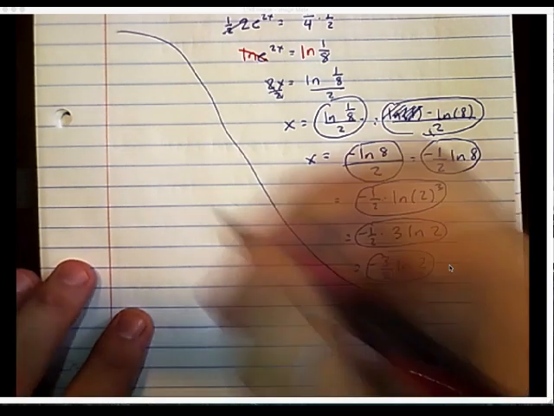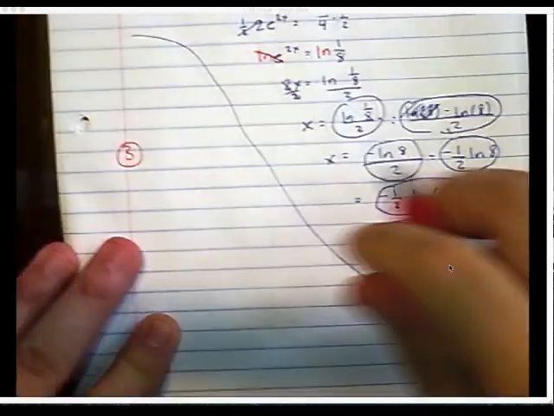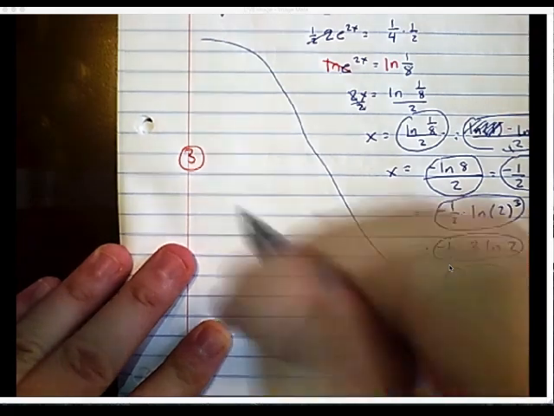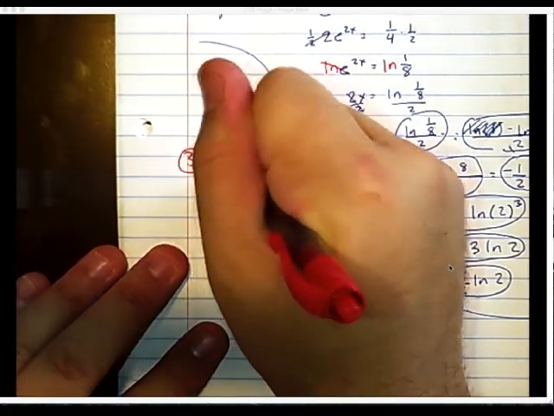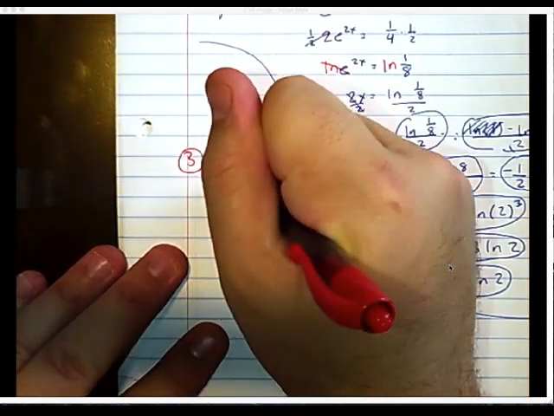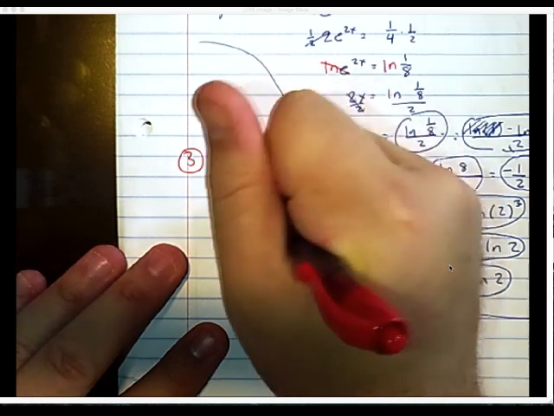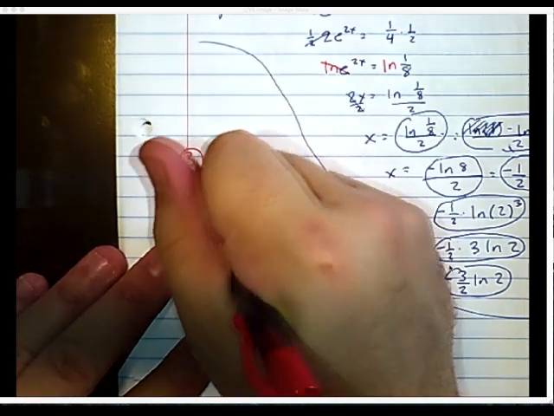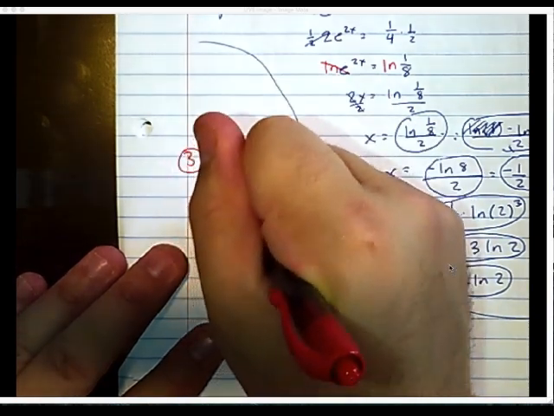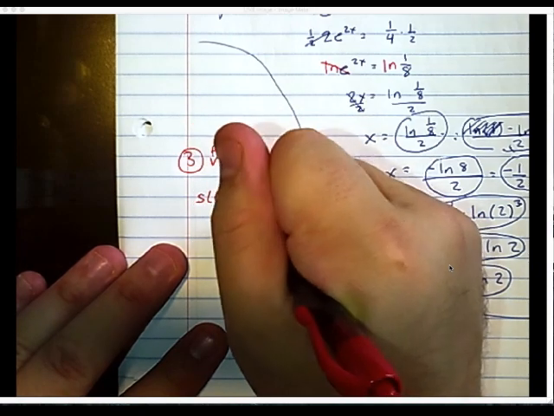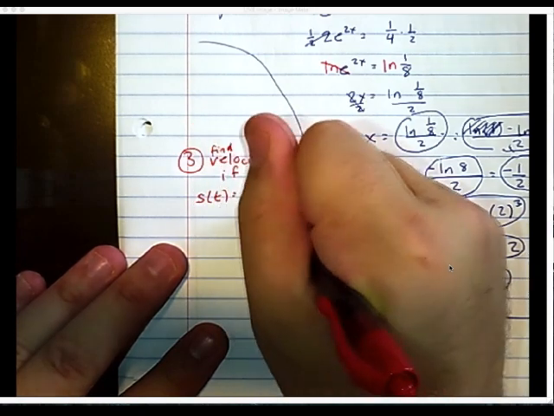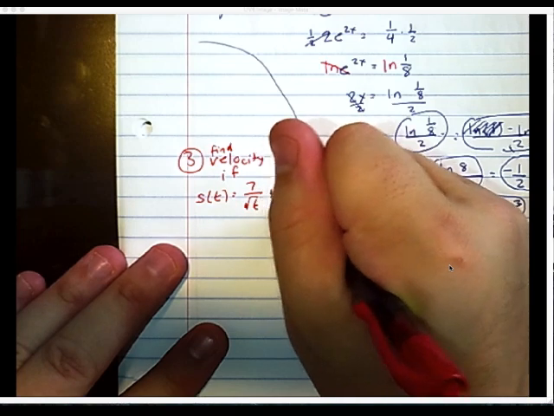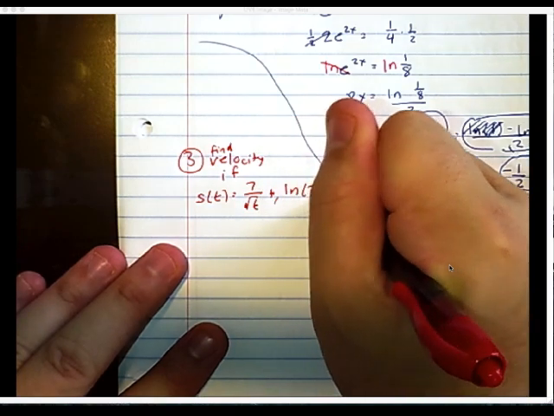Number 3. It says, find velocity if the position function, which we call s of t, is given by 7 over the square root of t plus natural log of 3t minus 5.